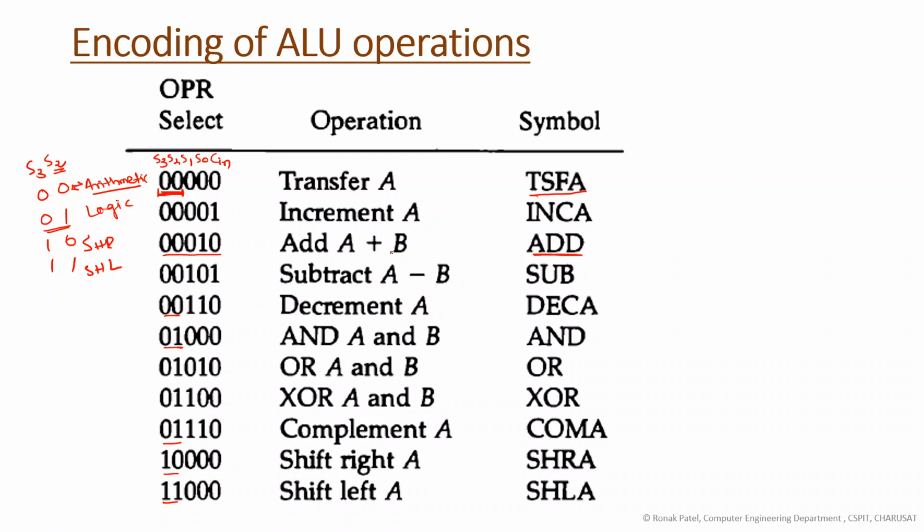So to perform addition on two operands, you need to pass 00010 to OPR. Okay, so for other things we have this OPR selection. This is for logical operation. This is for arithmetic operation, and there are others as well.